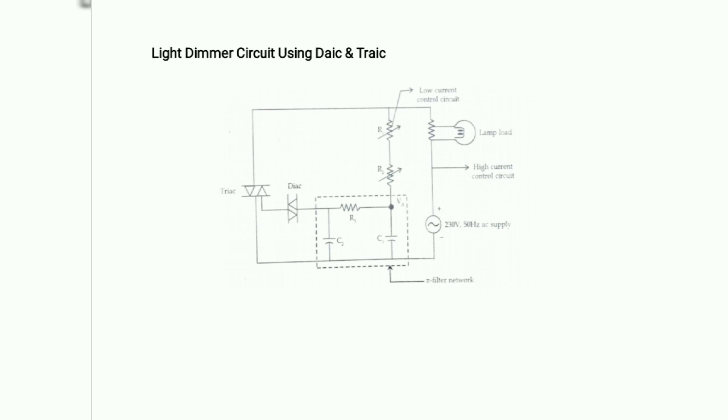Again the diac and triac turn on in the reverse sequence and the current flows through the load in the opposite direction. This circuit can also be used for speed control of single phase induction motors or universal motors. This is the working of the light dimmer circuit using diac and triac.